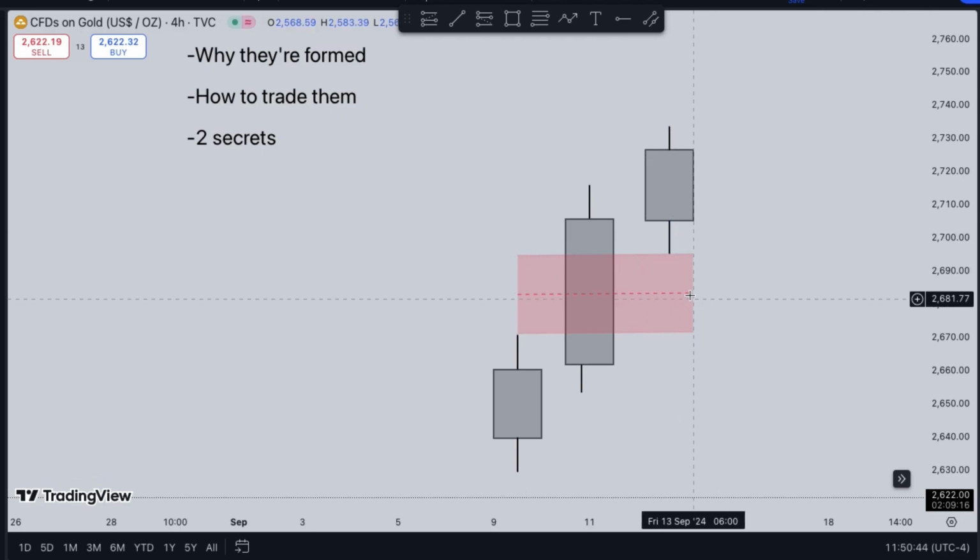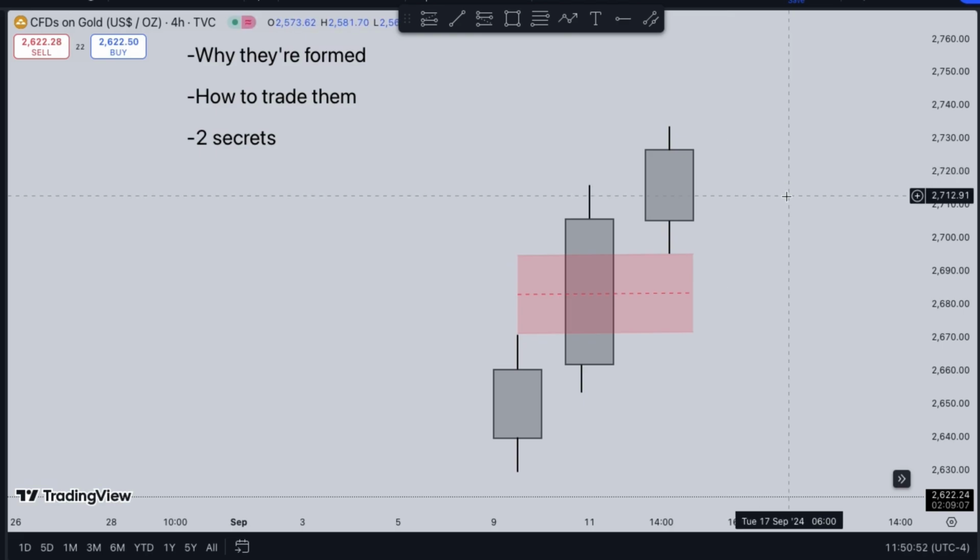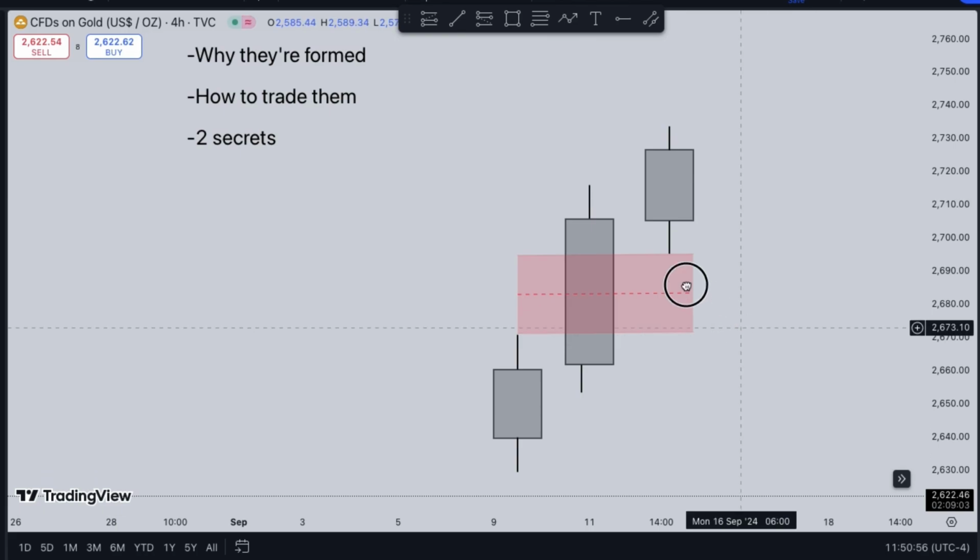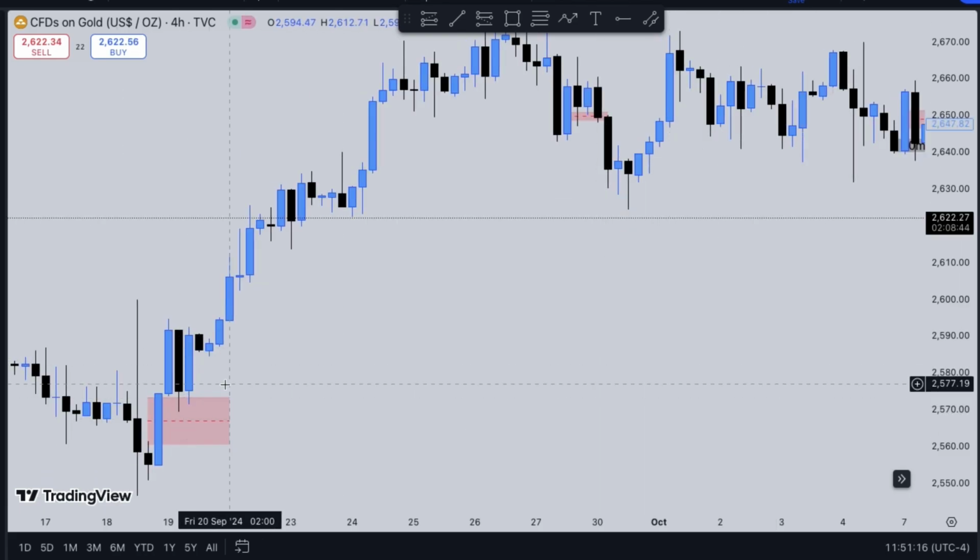Mostly, anytime this is formed on the market, we find that price tends to draw back into it before continuing to move in the same direction, or continuing the trend. One thing you can quickly note is that valid fair value gaps are mostly formed after order blocks.